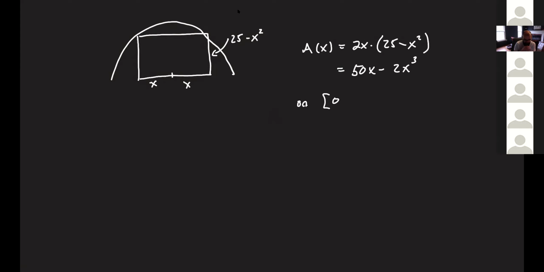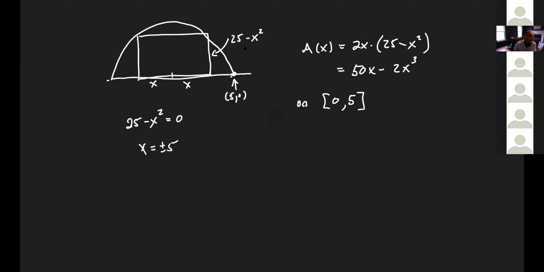It looks like x could be 0, so I could push this all the way to 0, and then x could go all the way out to wherever this point is, which is whenever 25 minus x squared is 0. That's going to be x is plus or minus 5. So in our diagram, this point must be 5, 0. So x could go anywhere from 0 out to 5.